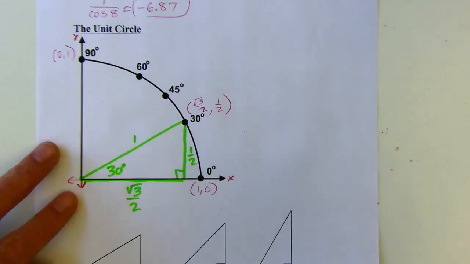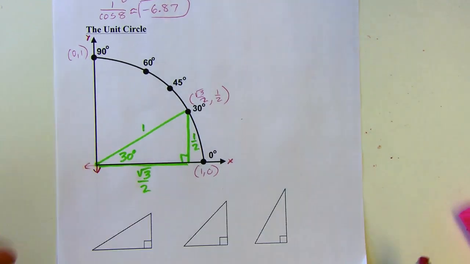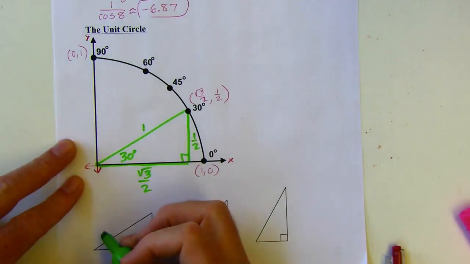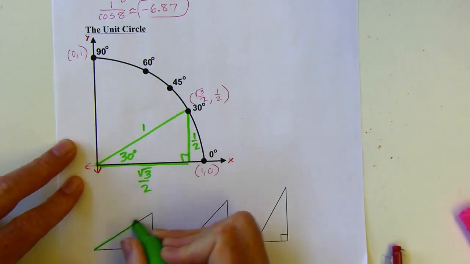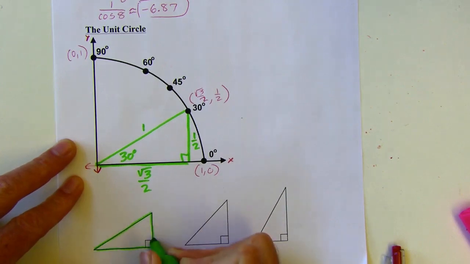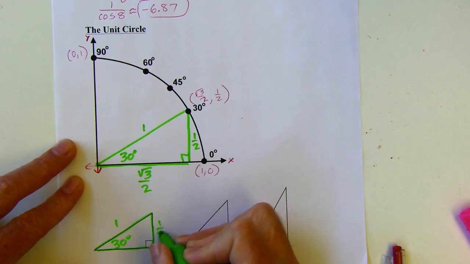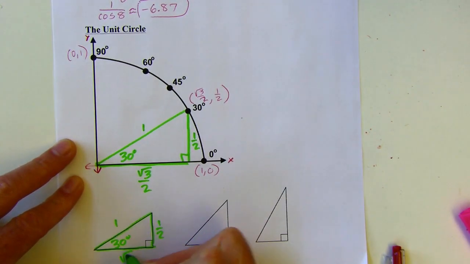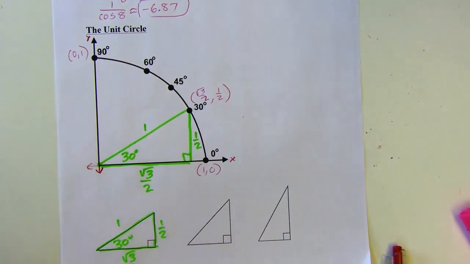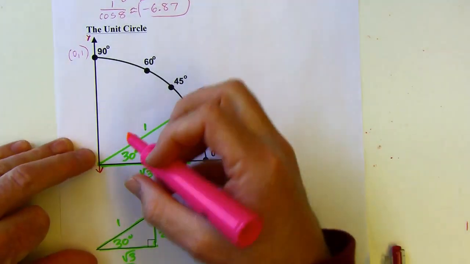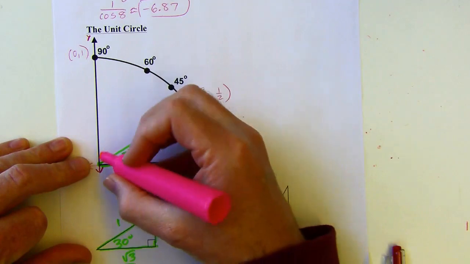So that triangle was supposed to be represented right down here as well. Okay, so this is this triangle. So that's my 30 degrees, and I had 1, 1/2, and root 3 over 2.